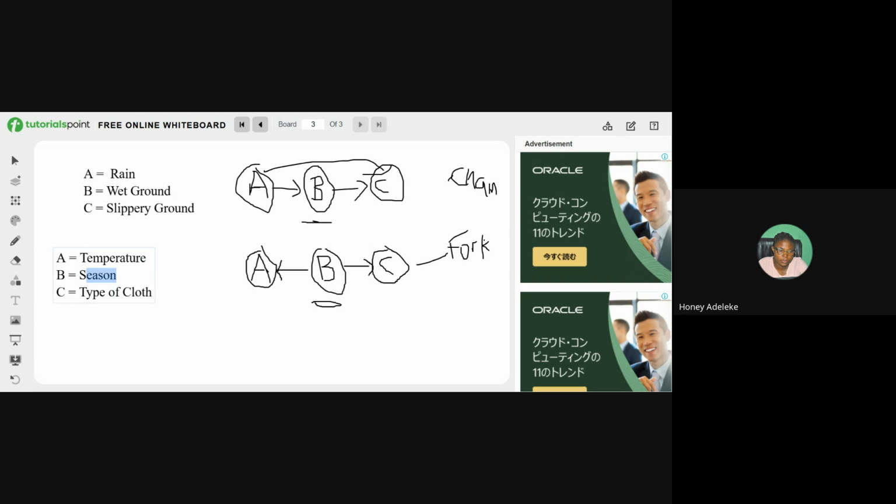Then the third part, which is a collider, is when you have something like this.